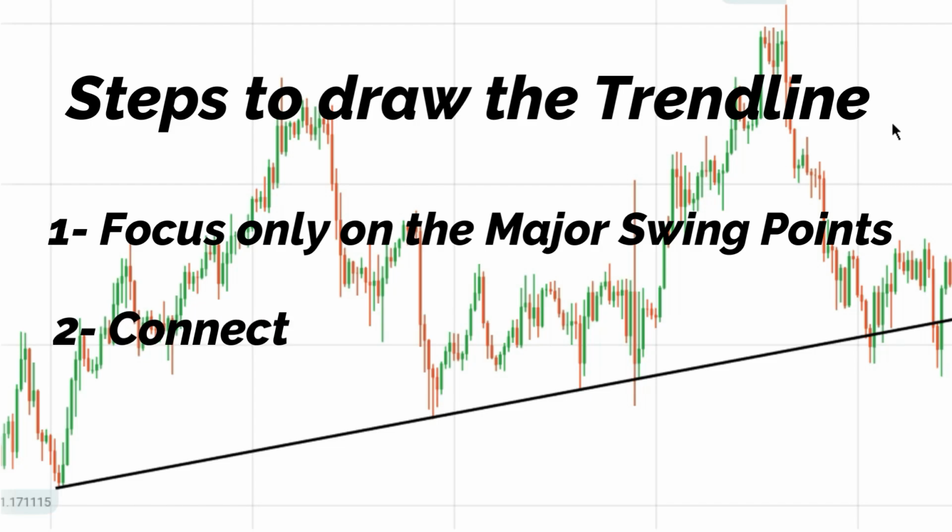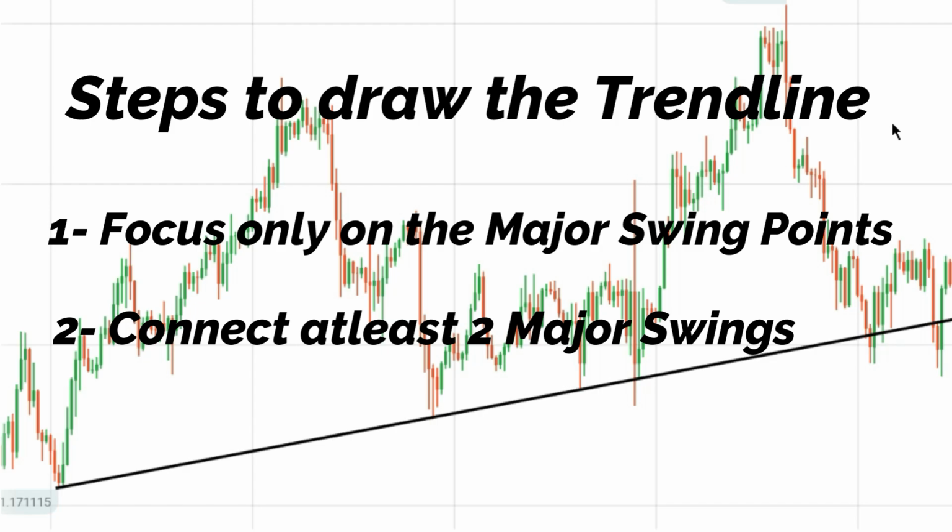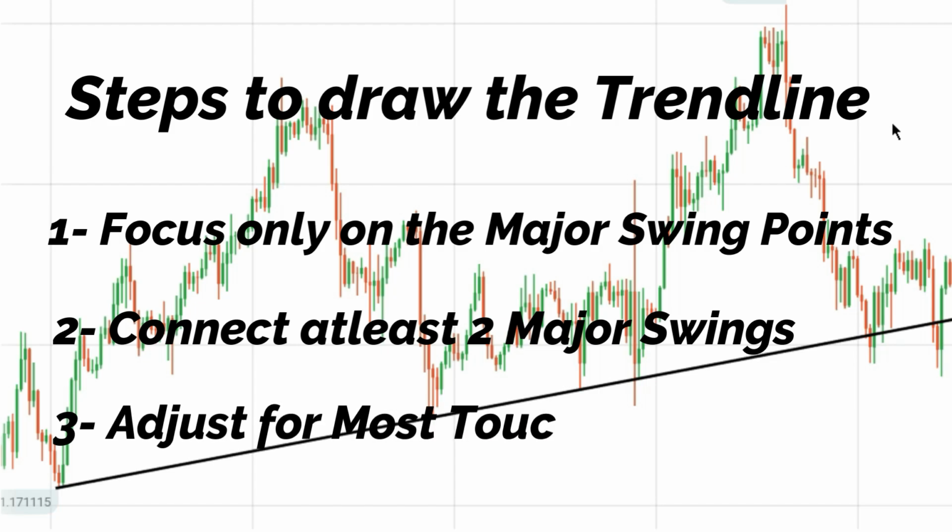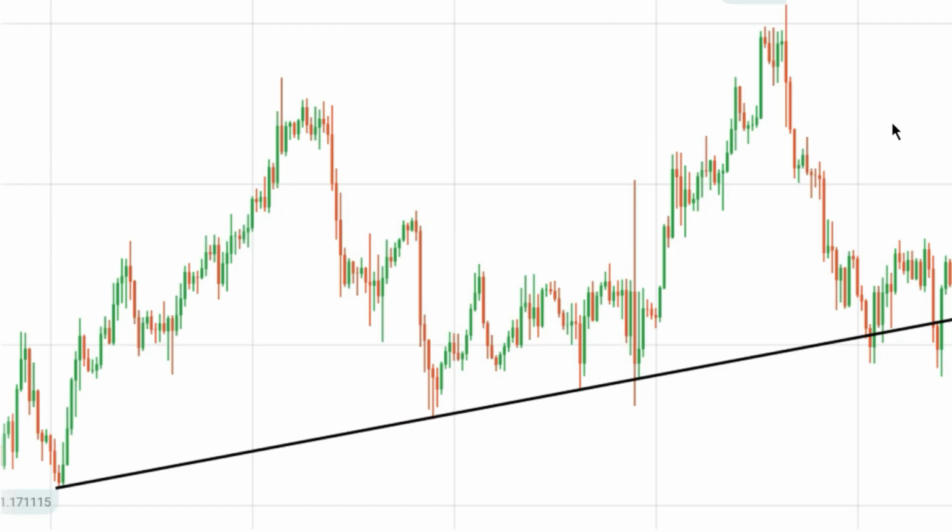The number 2 rule is to connect at least 2 major swing points so that you can say that it's a valid trend line. And the last rule is that you have to adjust your trend line in such a way that it gets the most touches from the chart as well. And a bonus tip for you is that 2 touches validate a trend line, but if you get 3 touches on a trend line, it is a confirmed trend line.